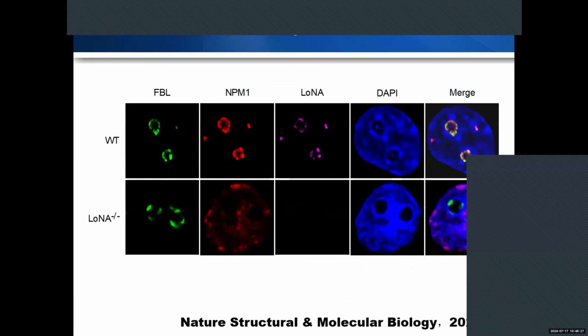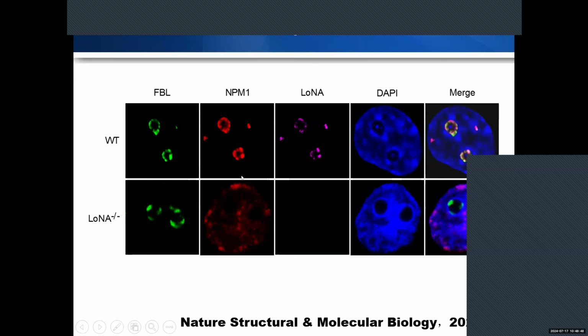So the study started from cell biology. The first thing we did was knock out LONA in cells. When we knocked out LONA, we found that the nucleolar structure is disrupted. We know the nucleolar structure has three layers.